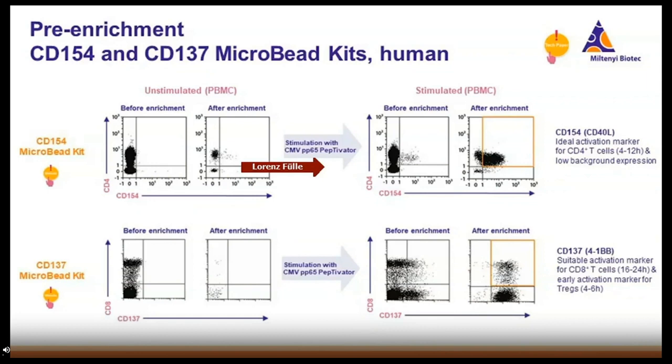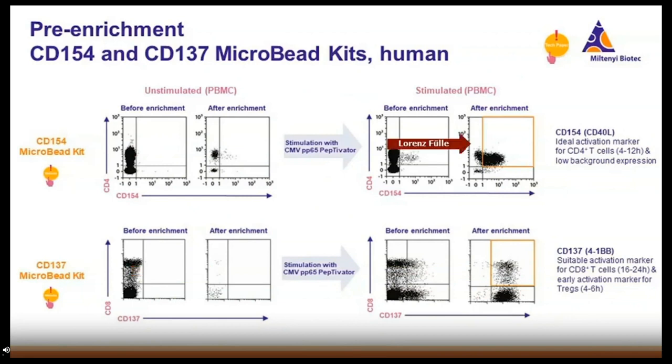Then the antigen-specific T cells were either enriched using the CD154 MicroBead kit for CD4 positive T cells, or the CD137 MicroBead kit for CD8 positive T cells. The cells were then counterstained for CD4 and CD8. And as expected, hardly any cell expressing CD154 or CD137 were found in the unstimulated sample, independent of enrichment.